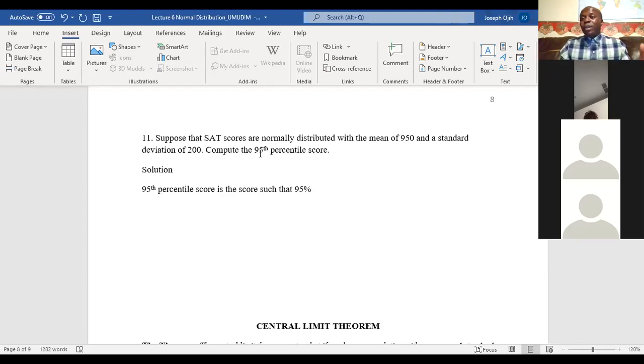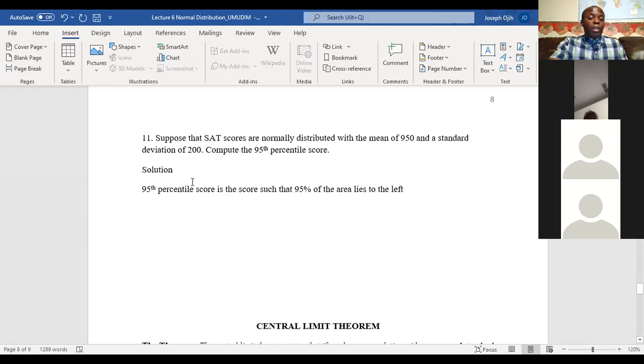Even if it's 95 or 98 or 80, let's say 80, that means you performed better than 80% of Americans, which means you lie in the area such that 95% of the area lies to the left of the curve. Okay, left of the curve.